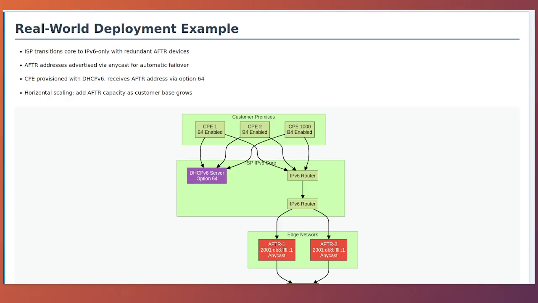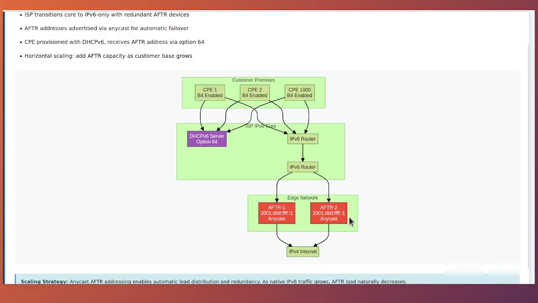The AFTR devices are configured with a pool of public IPv4 addresses and are advertised via anycast, so B4 elements automatically connect to the nearest AFTR based on routing. Each AFTR is configured to handle hundreds of thousands of concurrent NAT sessions and is provisioned with enough IPv4 addresses to serve the expected customer base with a sharing ratio of about 200 customers per address.